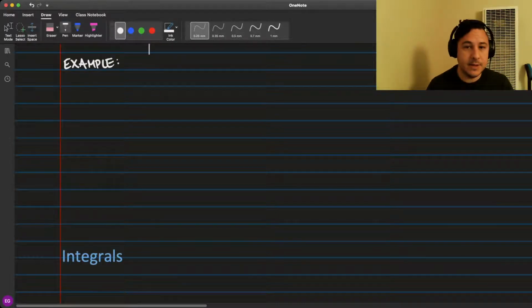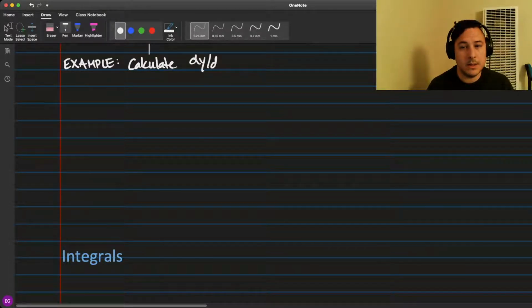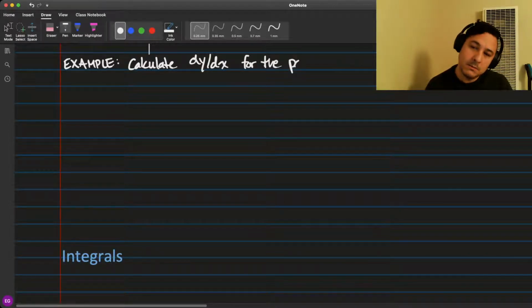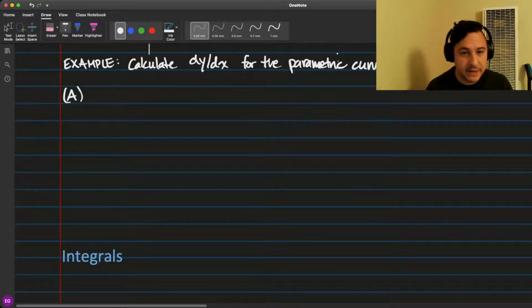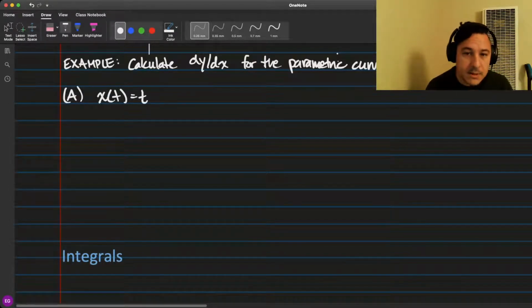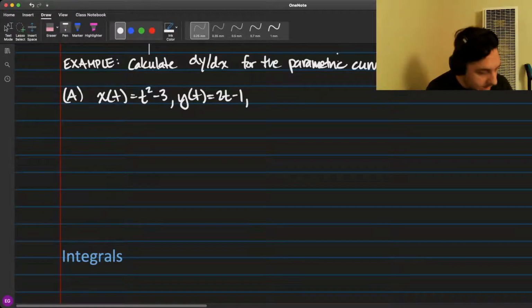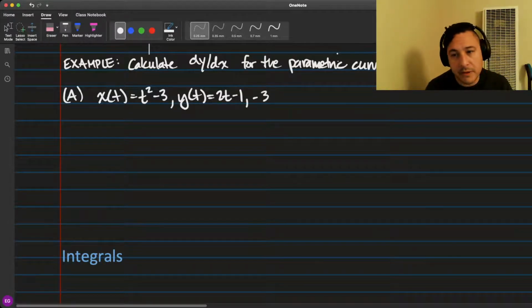Okay, so let's calculate dy dx for the parametric curves. This will be our first one. So let's make our first set be x of t equals t squared minus 3. Y of t will be 2t minus 1, and will be defined from negative 3 to 4.